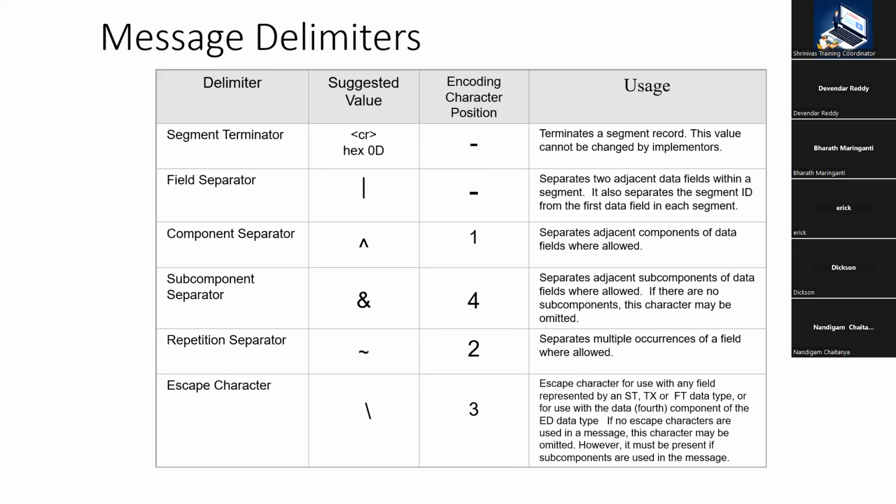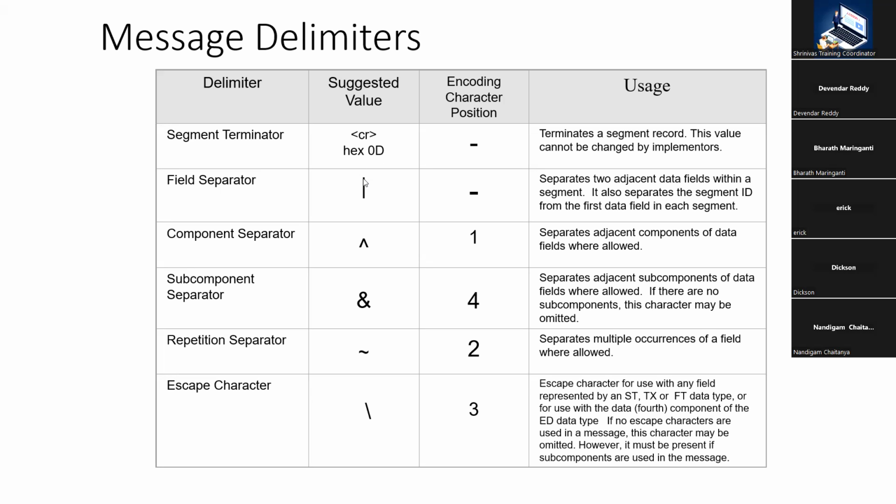So let us take a look at that. These are message delimiters, what you're seeing on the screen right now. And these delimiters will help us structure our HL7 message. The first one that you're seeing here is called a segment terminator. At the end of every HL7 message segment, you will have this as a full stop. And next you have the field separator. The field separator is nothing but a pipe.